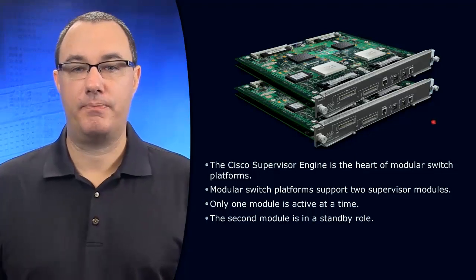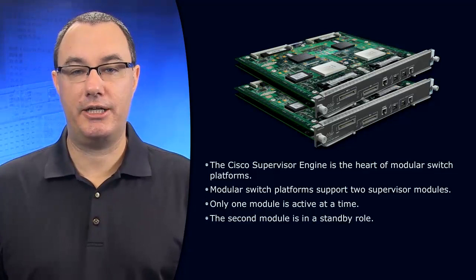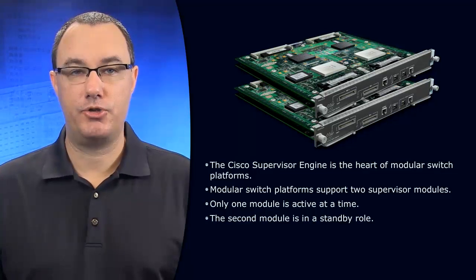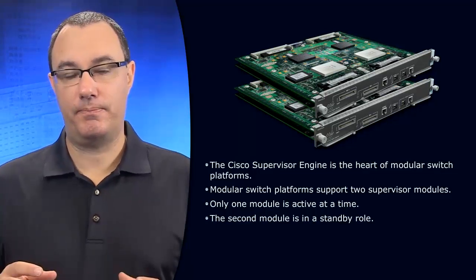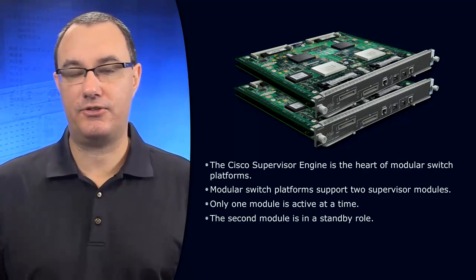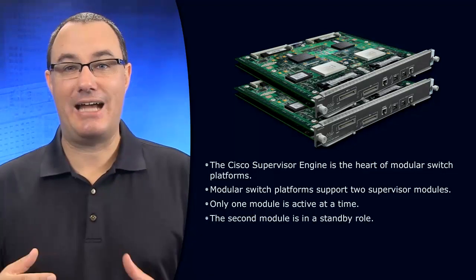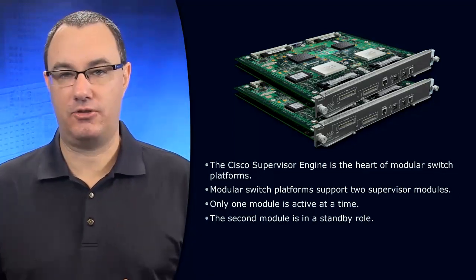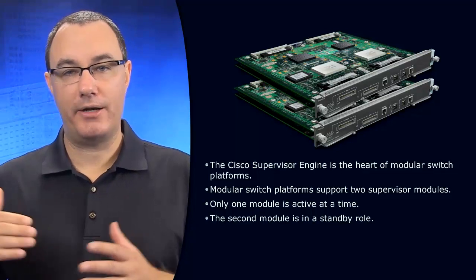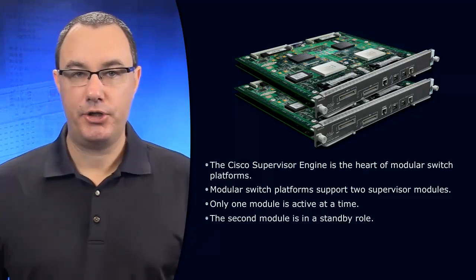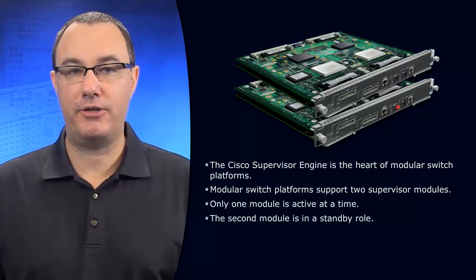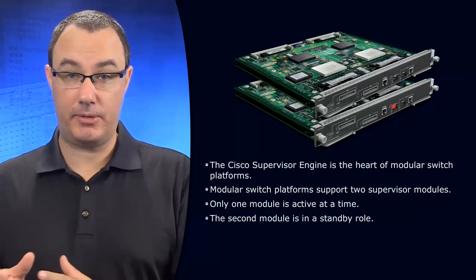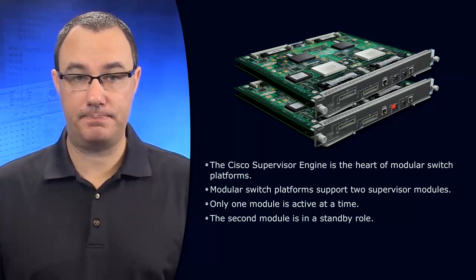What we want is for information in the control plane to be shared between these devices. Thinking about NAT sessions, what if you have PAT sessions or routing protocol neighborships? You want the standby supervisor, because there's an active and a standby, they're not both working at the same time.